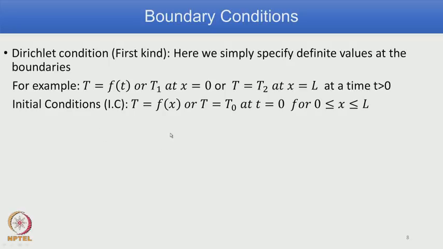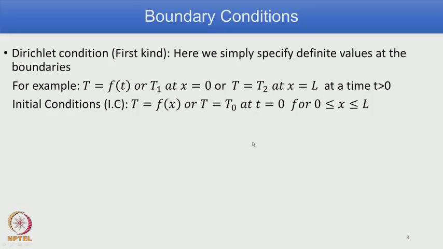Initial condition, so you can also specify for time equal to 0, T as a function of x for all x going from 0 to L. This means the computational domain extends in the x direction from 0 to L, the end of the domain is L. So, along that x direction, a specific value of temperature T is given for time equal to 0.